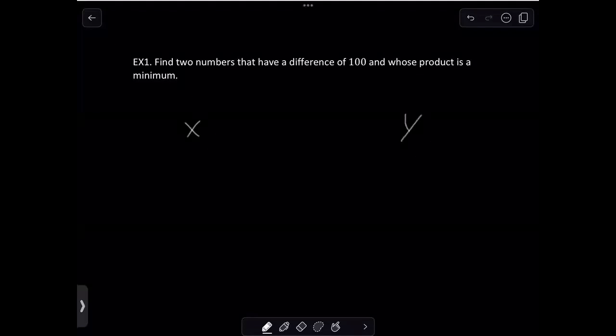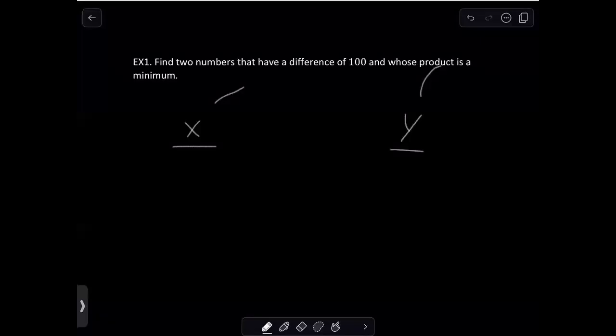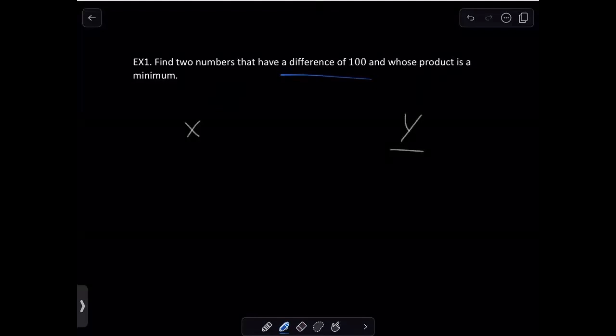Okay, and I'll explain how we get y now. So my first number is x, my second number is y. So x could be 10, y could be maybe 20, x could be minus 37, y could be 5, whatever the case is. Okay, so I found two numbers, and they have a difference of 100. Okay, so that's important information that we need to include.